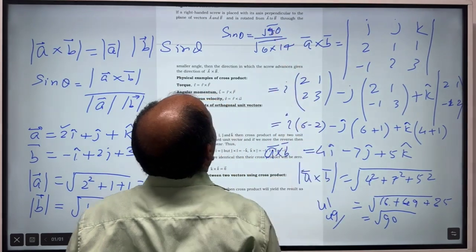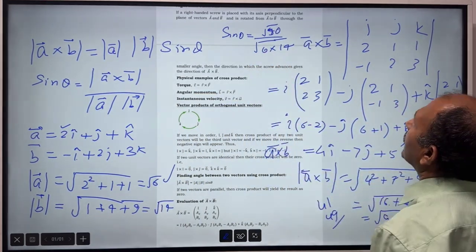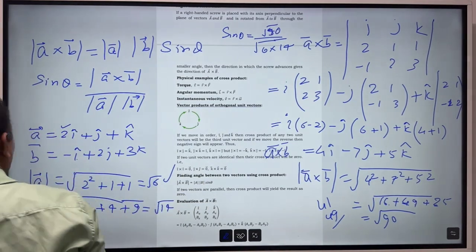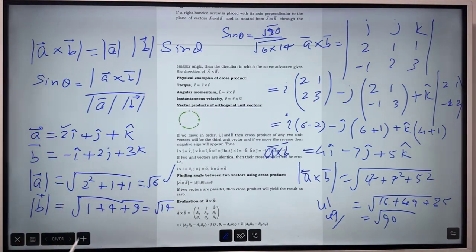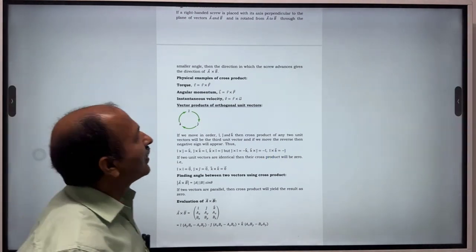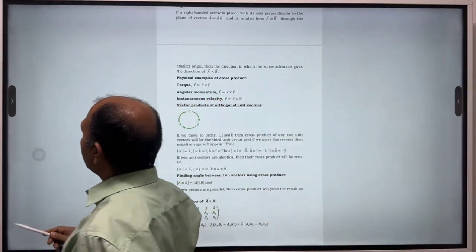Here this is 90, this is 6 into 14, so this is 84. This value will exceed 1. It means there is some calculation error, because if you remember, the value of sine theta or cos theta can't exceed 1. So you have understood the process.